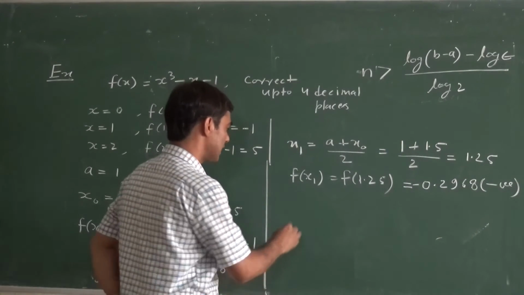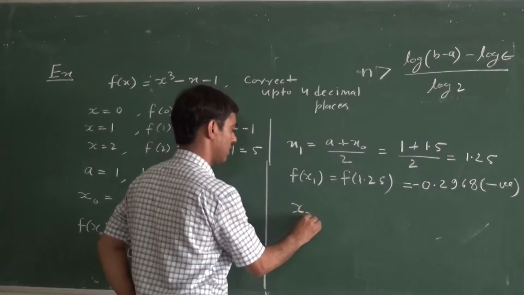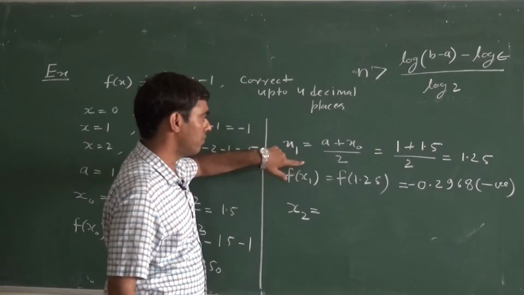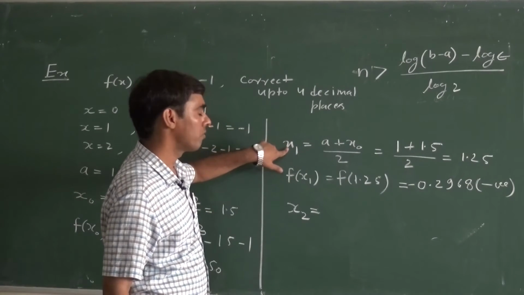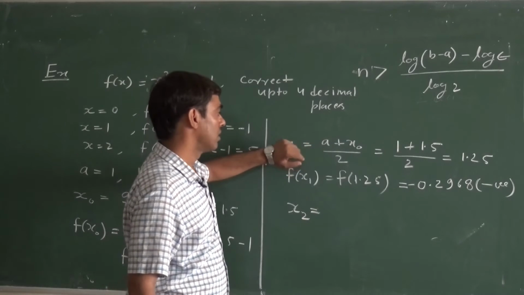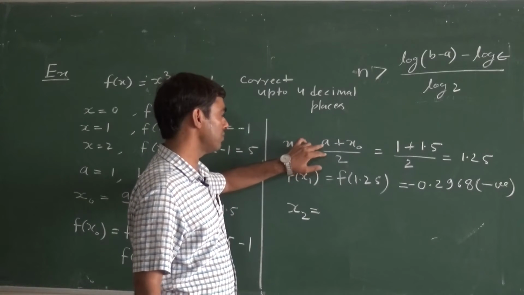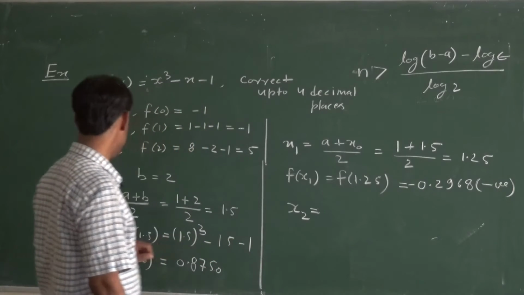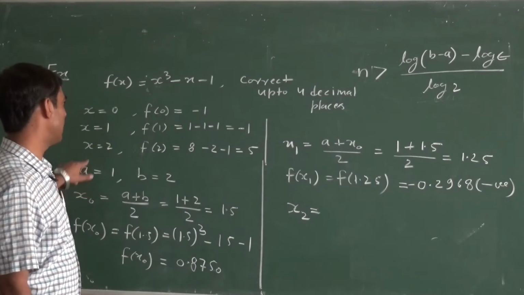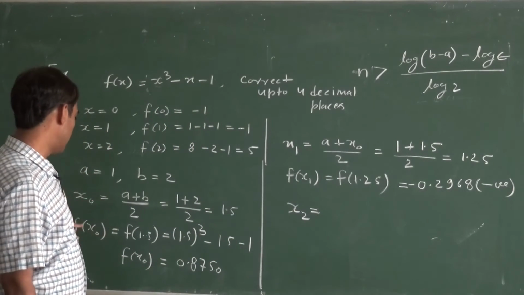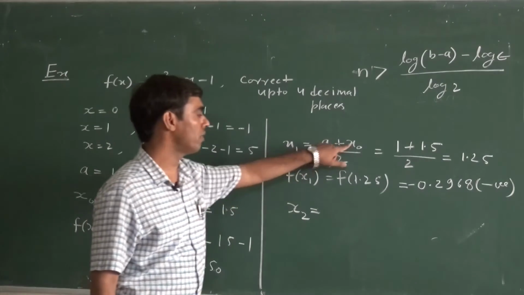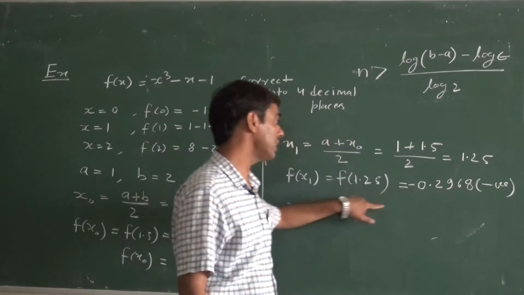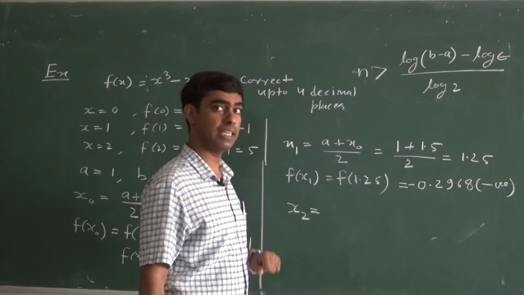So in our next iteration, we replace the value of x1 from one of the previous iteration's values, either from a or x0. At a, the value is negative. At x0, the value is positive. But at x1, the value is negative. So we replace negative by the negative.